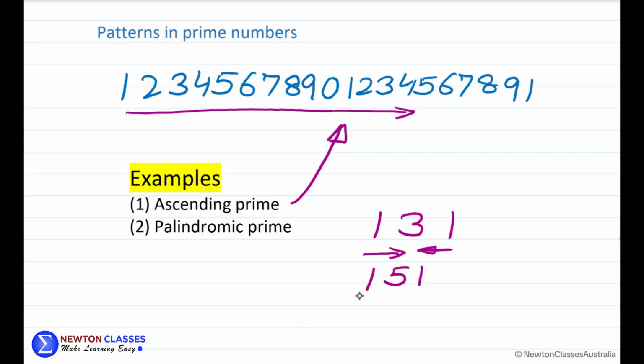So I can go from either side, and the number itself is 151, and it is also a prime number. Let's take one more example, 1, 1, 1, 1, 9, 1, 1, 1, 1. If I go from right to left, it's exactly the same number. And it is also a prime number. Therefore, they are known as palindromic prime numbers.